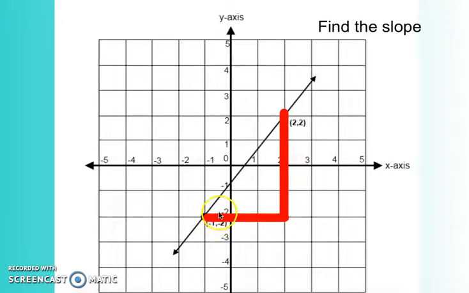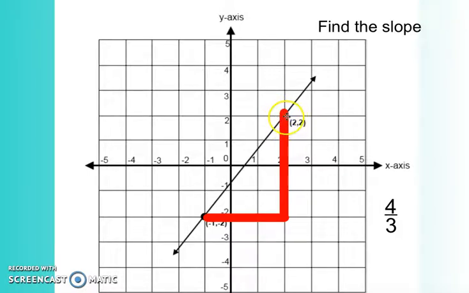I'm running how many spaces? 1, 2, 3. So my bottom number of my fraction is going to be 3. And then I'm rising how much? I'm going up. So 1, 2, 3, 4. I'm rising 4. So both of them are positive because we went to the right and we went up.